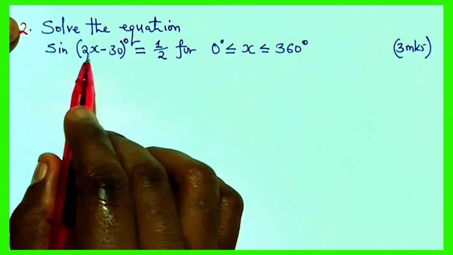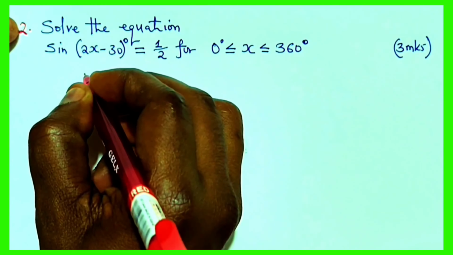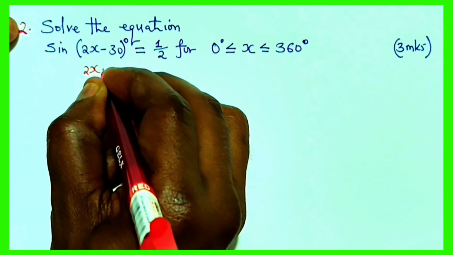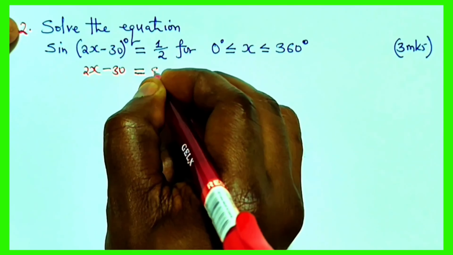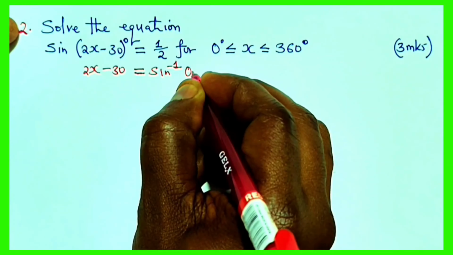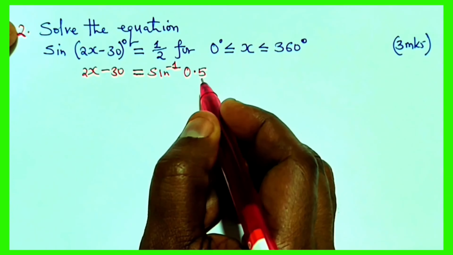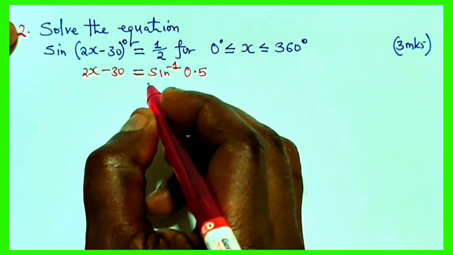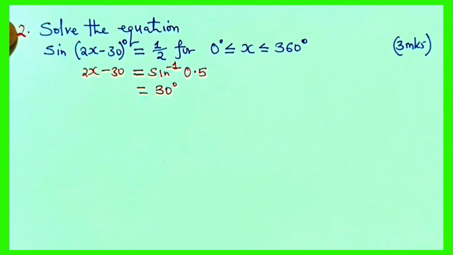Since the sine of 2x minus 30 degrees will be equal to a half, we are going to consider that 2x minus 30 degrees will be equal to the sine inverse of a half, which I can write as a decimal number as 0.5. And the sine inverse of 0.5 will be equal to 30 degrees.